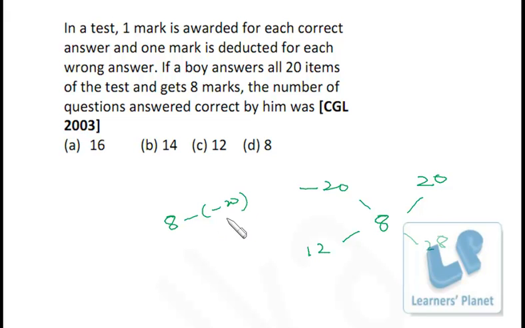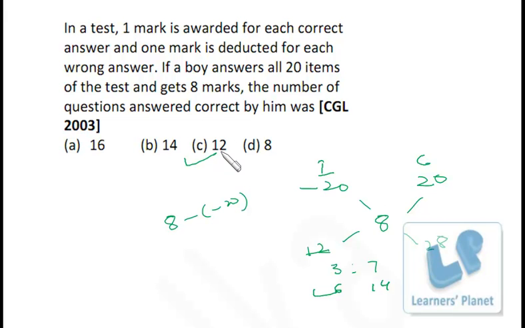So it's 12 and 28, so it's 4 threes and 4 sevens, right? So 3 is to 7, that means 6 and 14. So 6 questions he has done incorrect, and 14 questions correctly. So we can make use of the alligation method in solving this sort of problems. If you wish, you can verify it also.